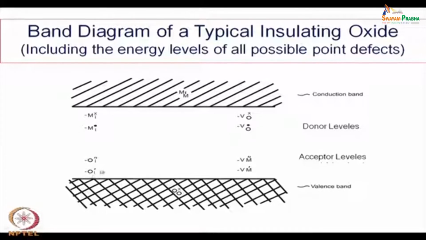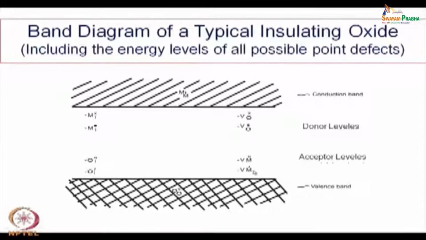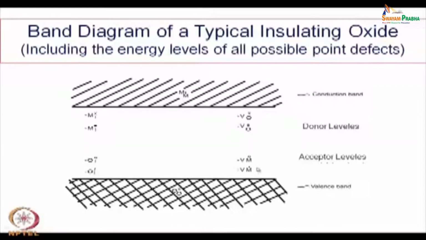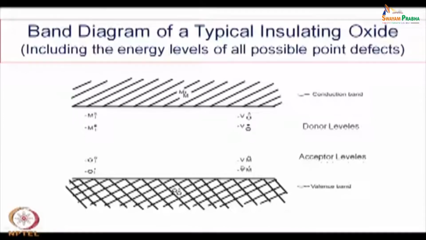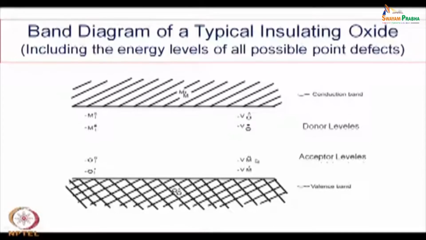Here is Oi prime and Oi double prime. Now, these are actually the states of ionization. This is singly charged and this is doubly charged, because M has basically two charges, M2+, O2-. So, here both the charges are not there, so it is singly charged, whereas the next level goes to the doubly charged.